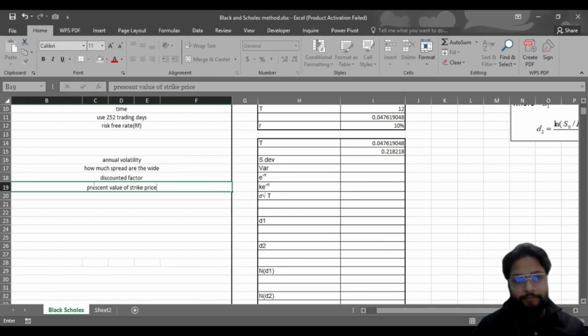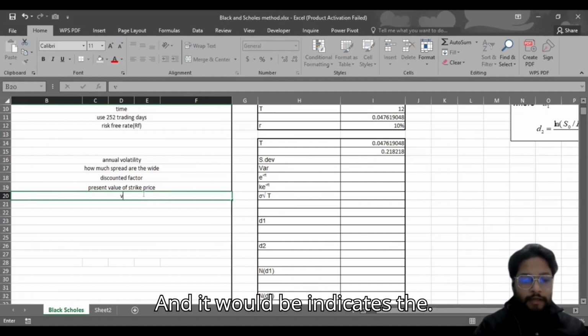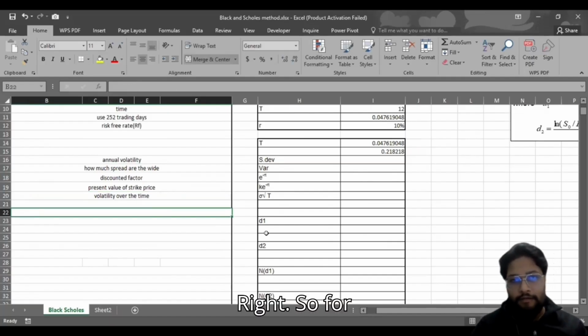And this indicates the volatility over the time.